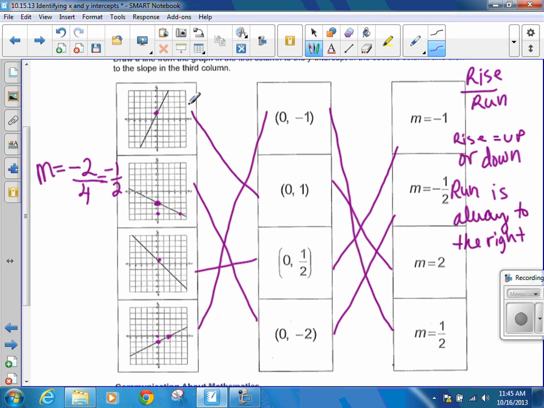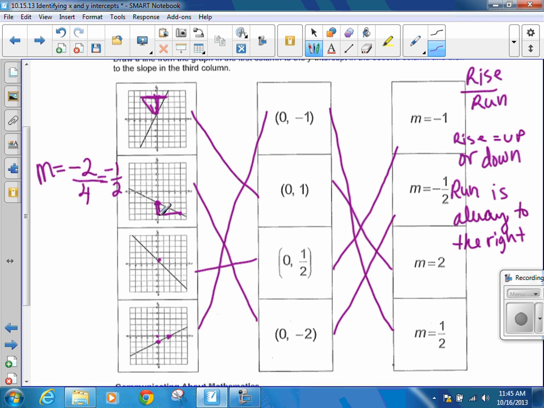And this is the reason why I show you: if I know that this is a positive graph and I want to find my rise over run, I would rise up however far, okay? And if I decided to run left, that's not even on my graph. I know I have to go to the right. Even here, I know I have to go down because it's a negative slope, and I have to go over to the right.